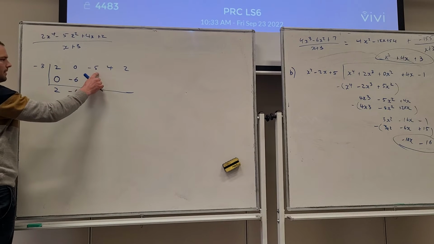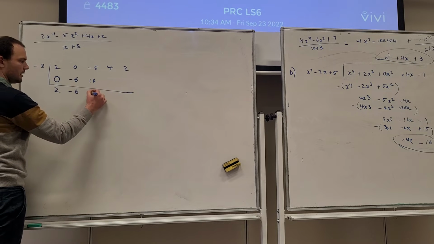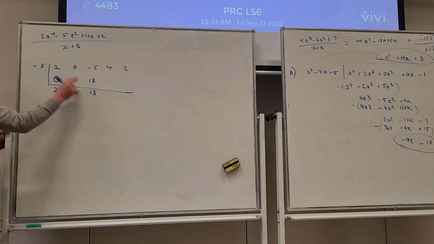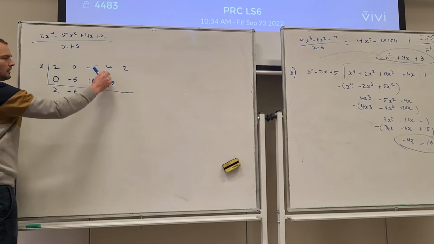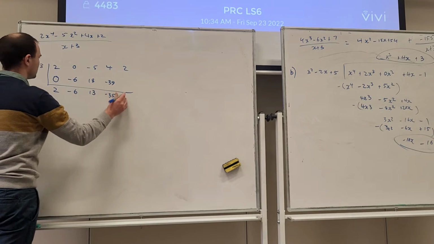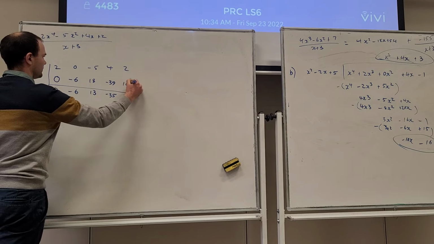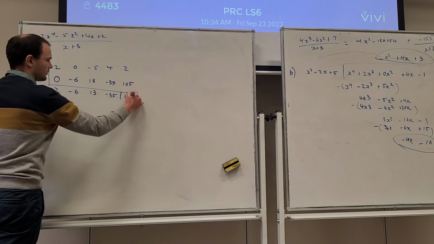We've got minus 5 plus 18, which is going to be positive 13. Positive 13 times minus 3, minus 39, plus 4, minus 35, times minus 3, 105, which takes us to 107.